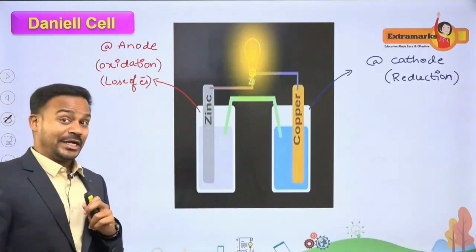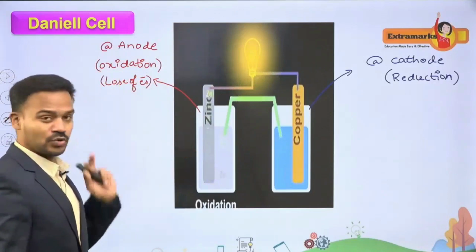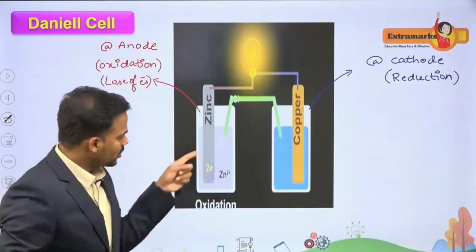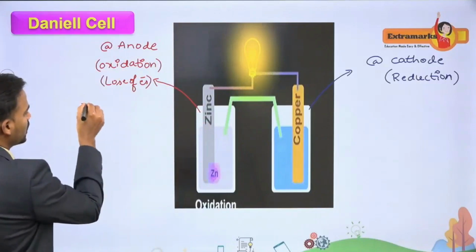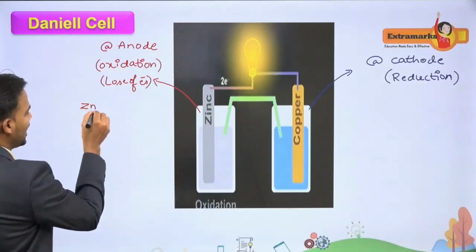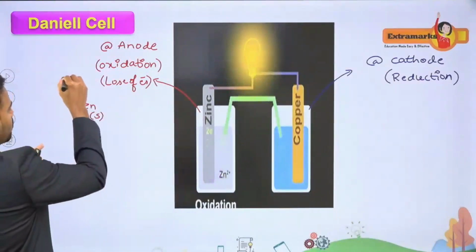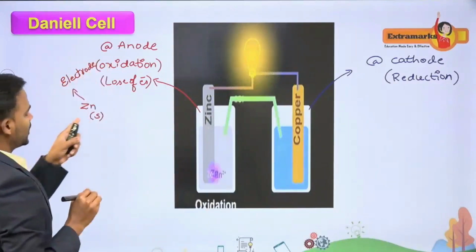We have seen in the electrolytic cell who is losing electrons and who is gaining electrons. Here the metal itself will lose electrons. Can you see over here? This zinc electrode, I will write as solid. This is the electrode part.